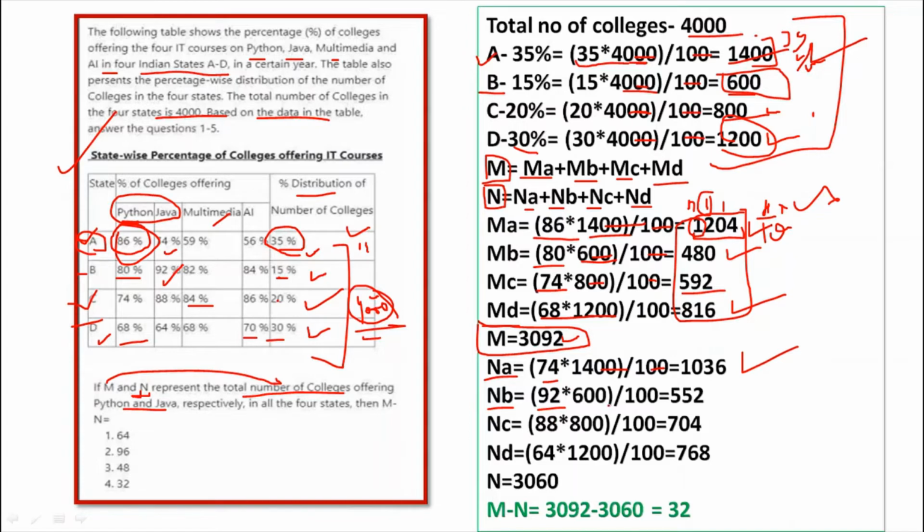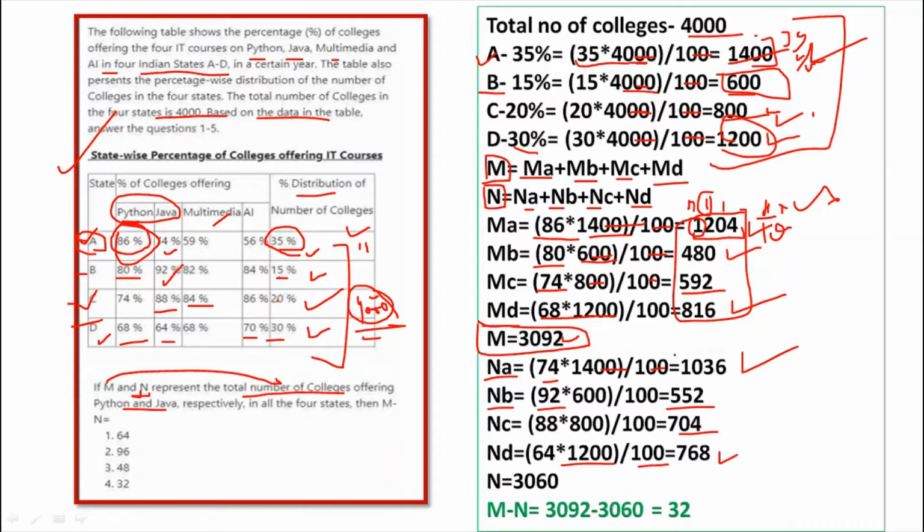So 92% of 600 is 552. For state C we have 88%, total number of colleges are 800. 88 into 800 divided by 100, it becomes 704. For state D we have 64%, and 64 into 1200 divided by 100, it becomes 768.